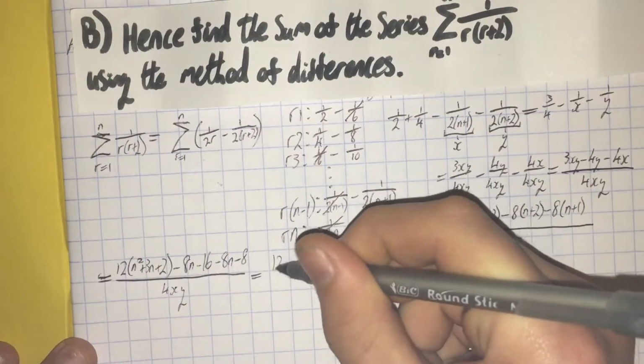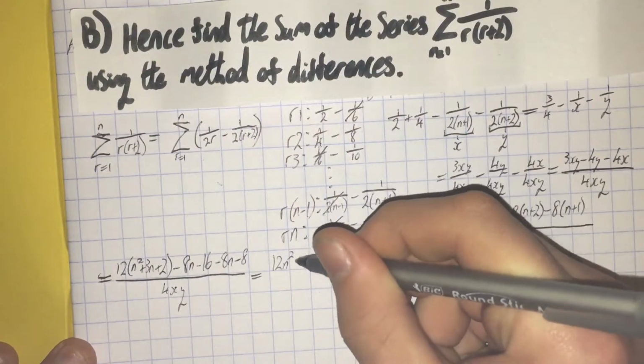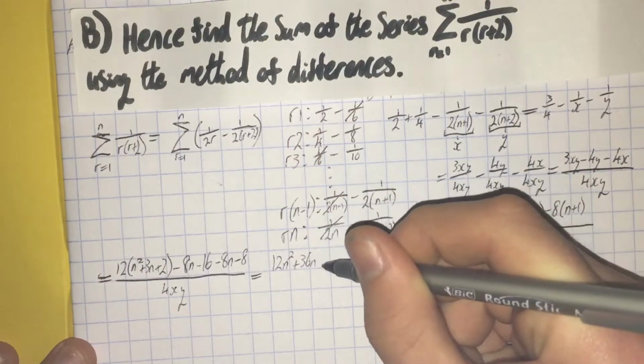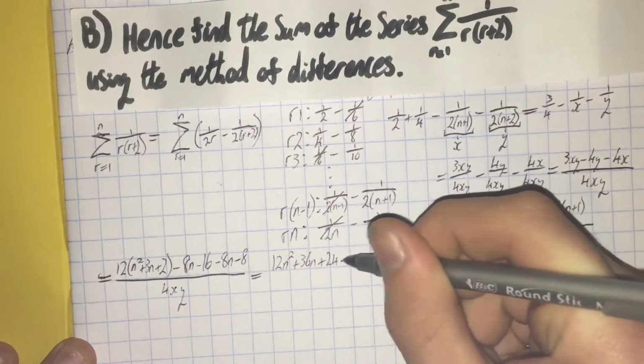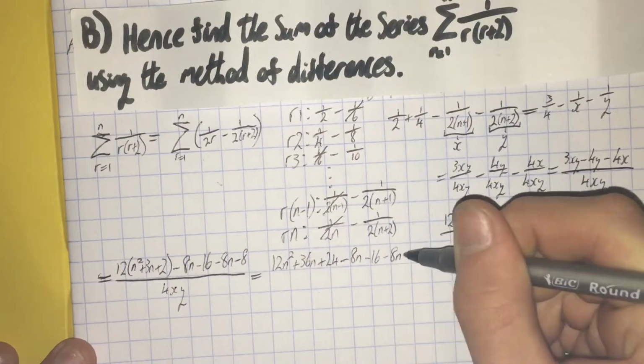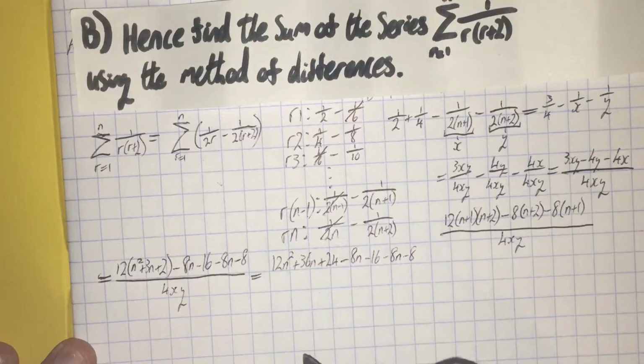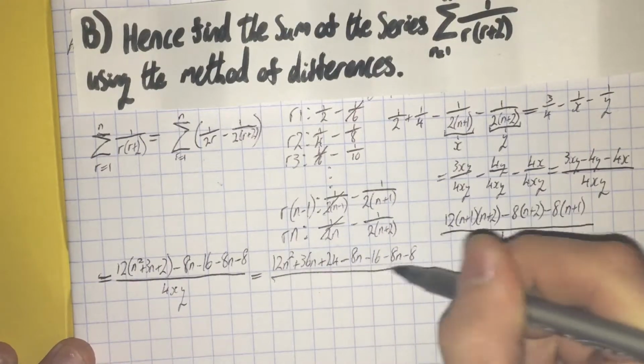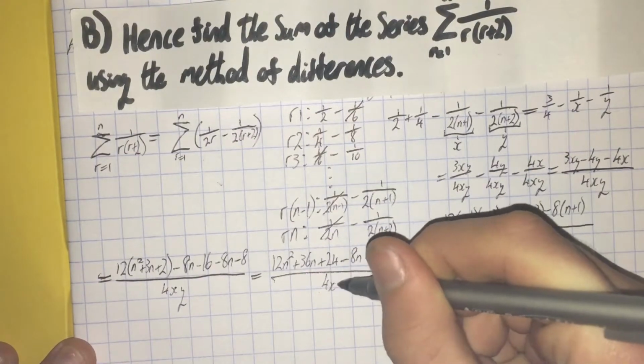This will give us 12n squared plus 36n plus 24 minus 8n minus 16 minus 8n minus 8, all over 4xy.